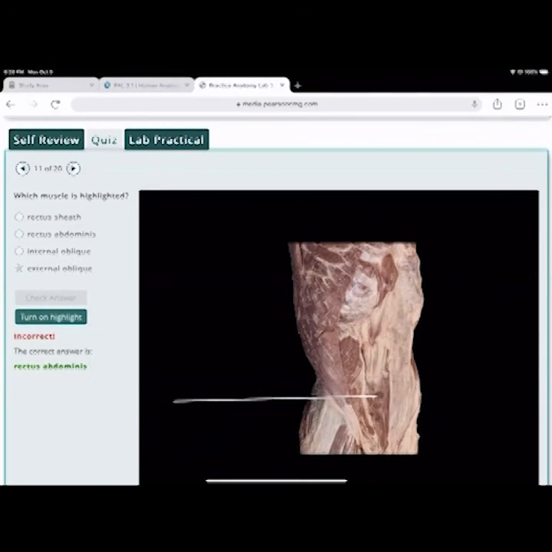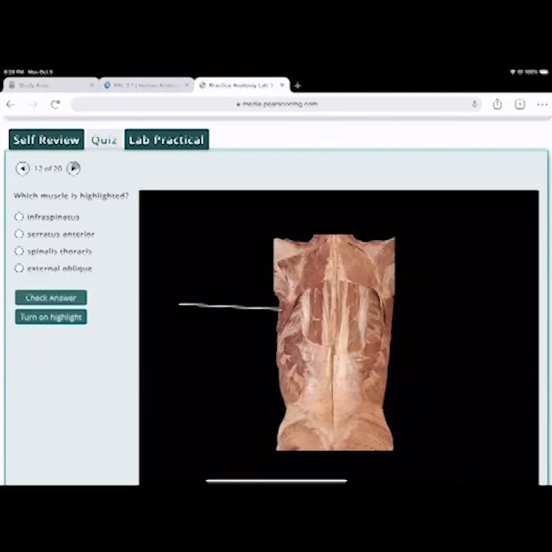I would have just highlighted this little area right in here. That would have been rectus abdominis. And one else highlighted there on the side. Serratus anterior. Serratus anterior. Yep, perfect.